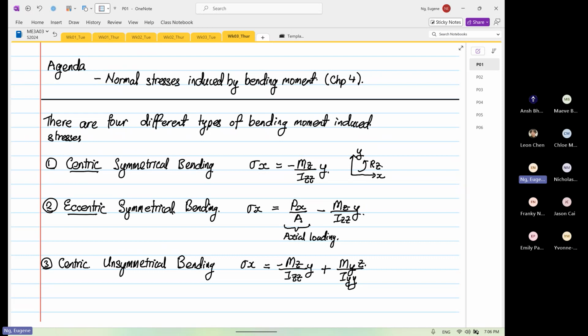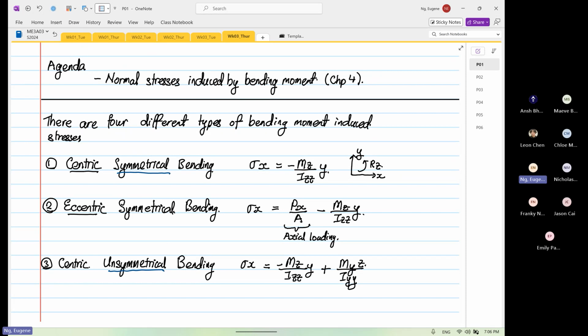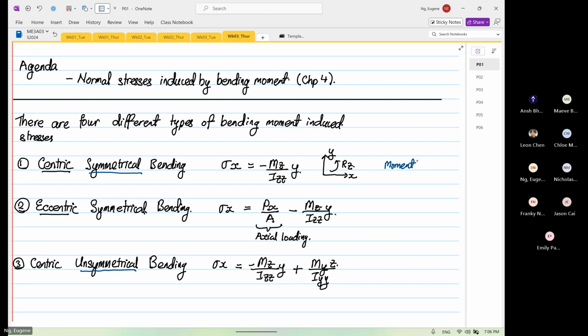The difference between symmetrical and unsymmetrical is that in symmetrical, you only have moment applied in one axis only.